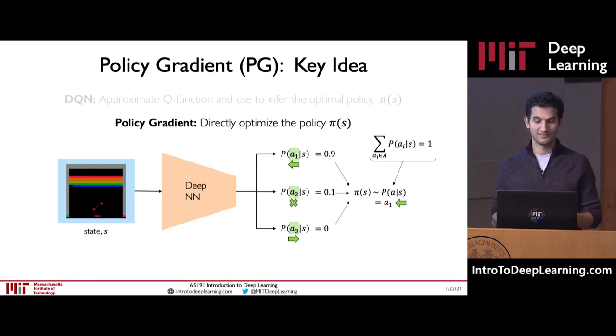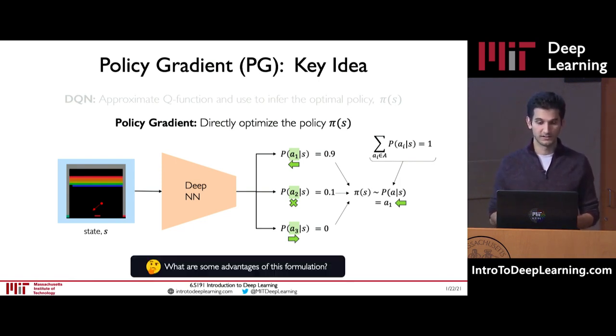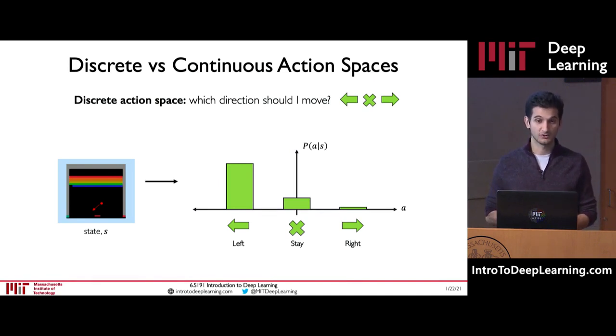Now, what are some advantages of this type of formulation in comparison to Q-learning? Well, the first thing is that we can now handle continuous action spaces, not just situations where our actions are fixed and predefined.